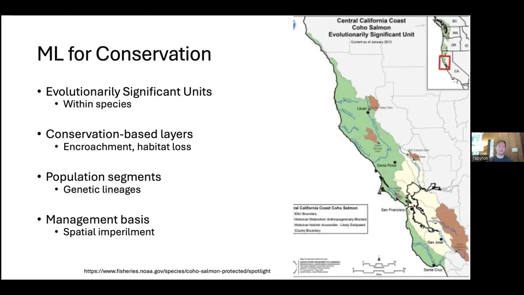Whereas what we might be able to do is incorporate additional layers, as I said, of encroachment, habitat loss, pollution, or climate change, that might identify different spatial conservation priorities based on the intersection of genetic diversity within populations, where that's interacting with other dimensions of spatial imperilment.